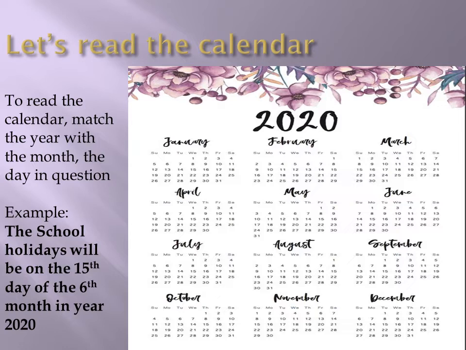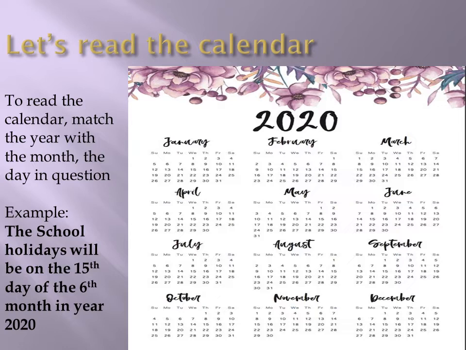If you have to check the calendar, would you be checking the 2020 calendar? That's why I said sometimes we just hurriedly pick up a calendar and just check the dates, not matching the things that are important. Okay? So to read the calendar correctly, match the year with the month and the day in question.